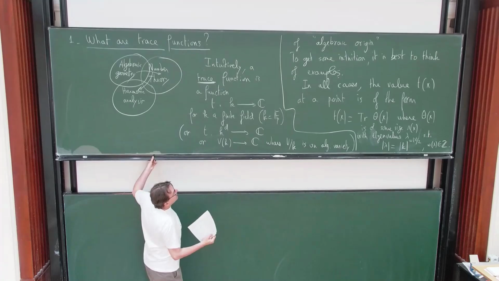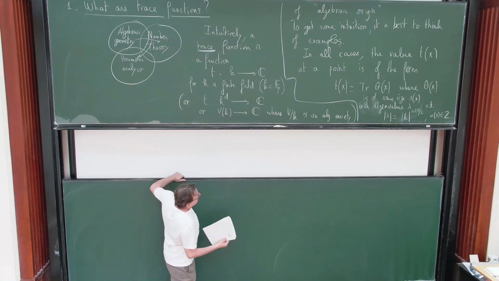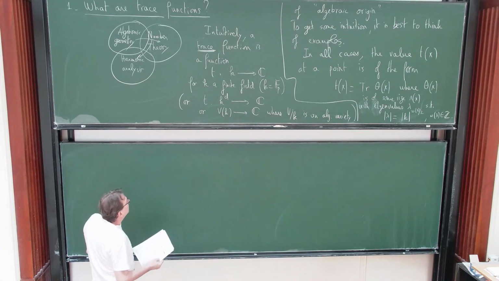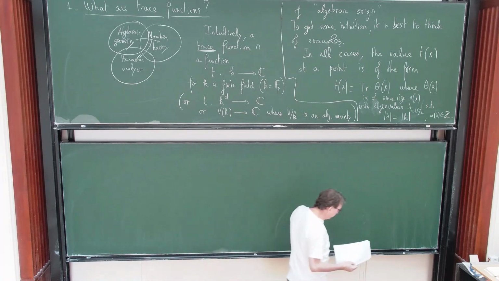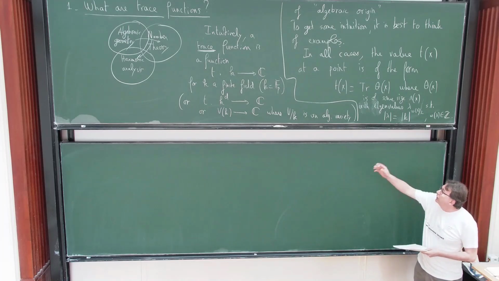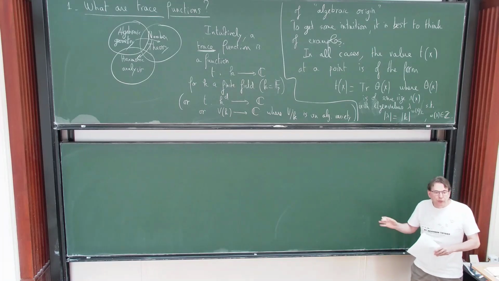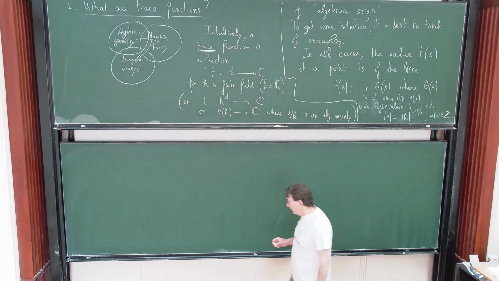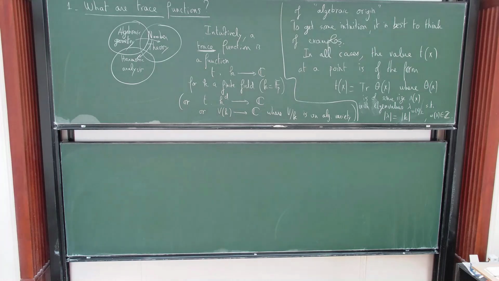And before I give an example, there's another very important thing to say. And again, we can make an analogy with some of what Ben was saying yesterday. If I give you the full definition of a trace function, basically it will just be a complex valued function, let's say on K with values in C, except for this kind of condition, but you can approximate any function as close as you want with no particular difficulty. So it's a finite amount of data, and it's not something that you can say anything about just like that.